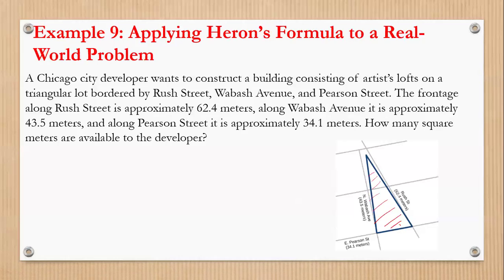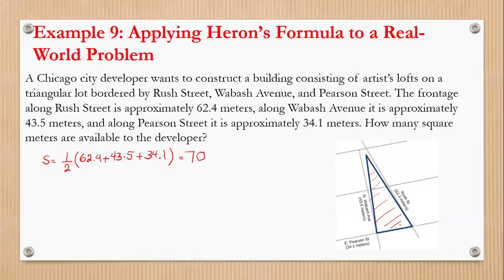But for Heron's formula, I need to find half of the perimeter first. I need to add 62.4, 43.5, and 34.1, and then divide the answer by 2, which is actually 70.